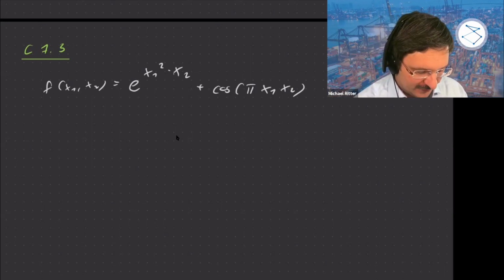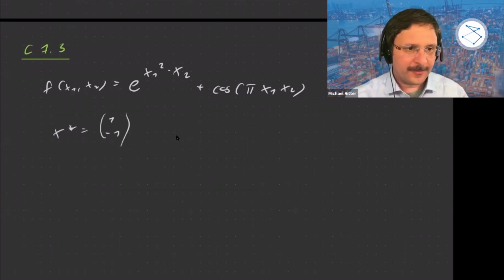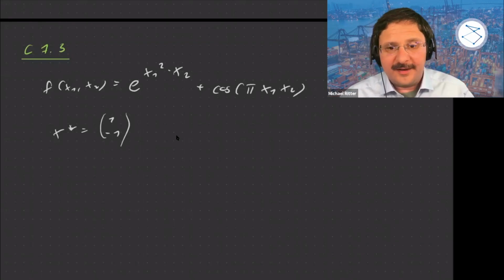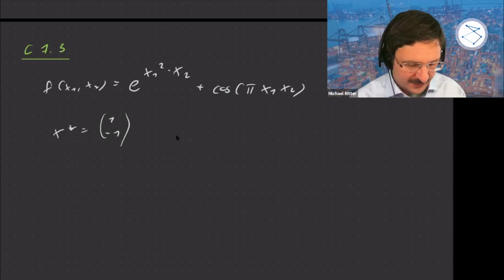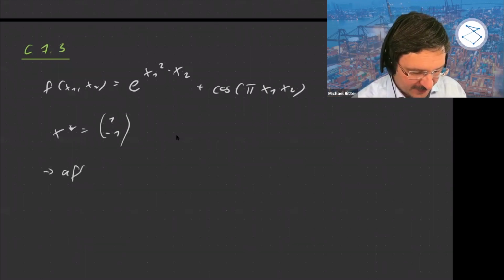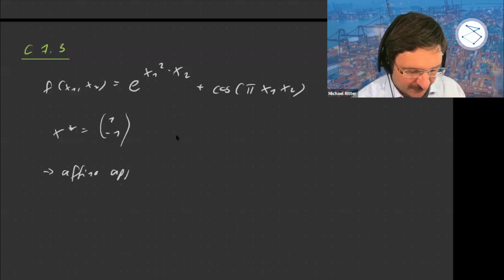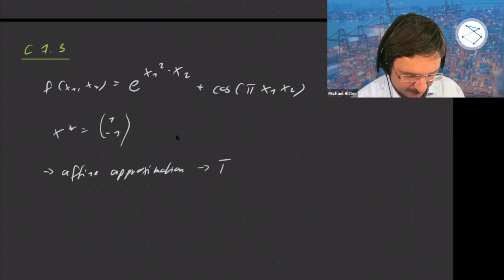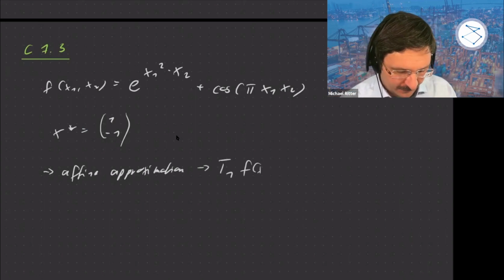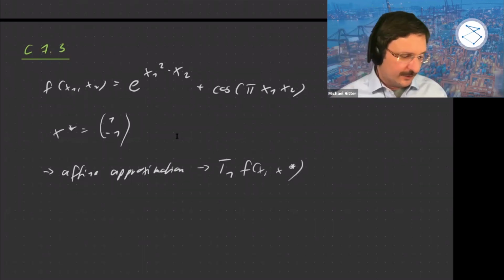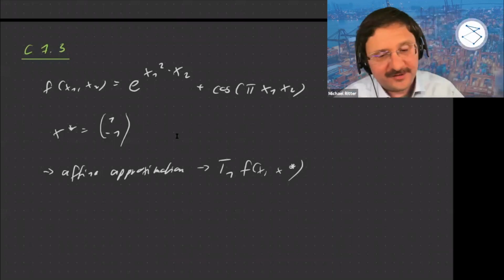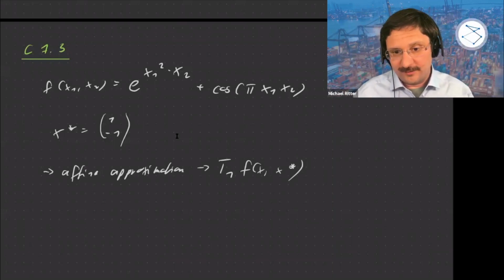So we have this point, let's call it x star, 1, -1. And basically a tangential plane is the same thing as an affine approximation. So what we're looking for is the Taylor polynomial of degree 1 at that point x star. So the question could also have been phrased in that way: determine the Taylor polynomial T1.